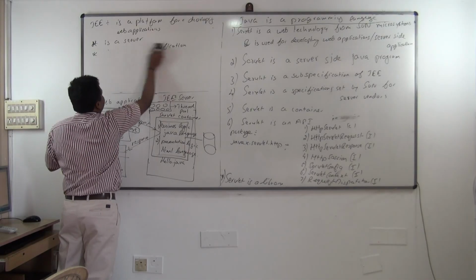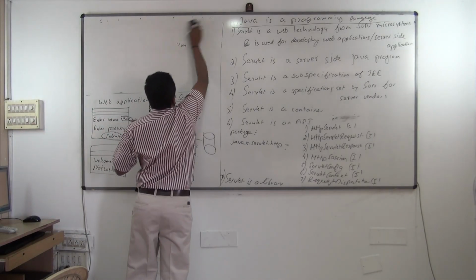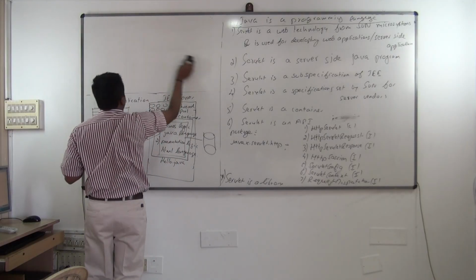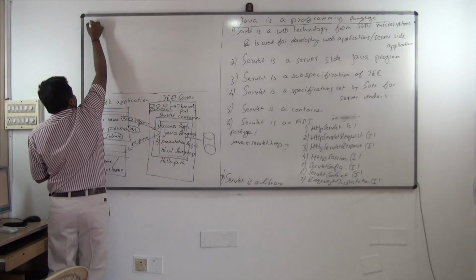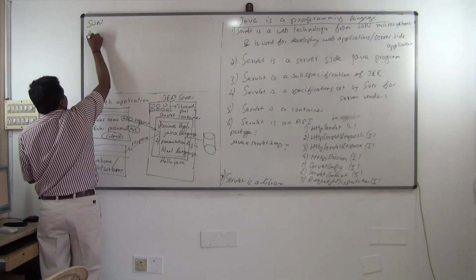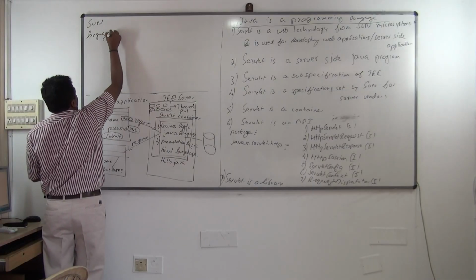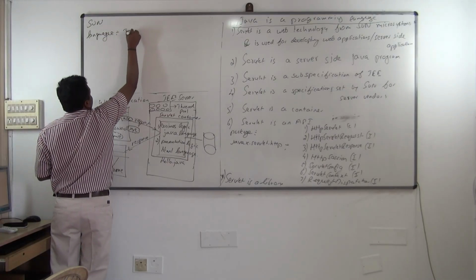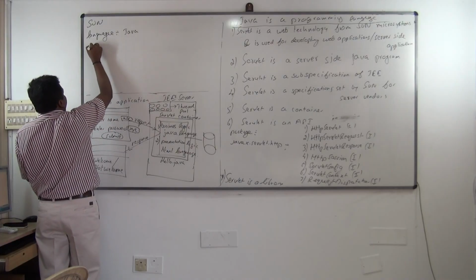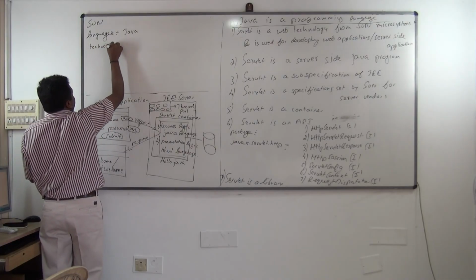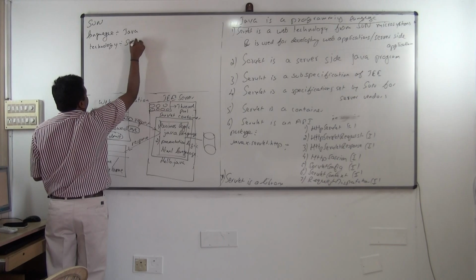Okay, fine. See the same support, let's compare now. How many vendors are giving support for developing web applications now? Now clearly understand. From the Sun point of view, they have given you a language called Java. Then their technology, they call it SERVLET.